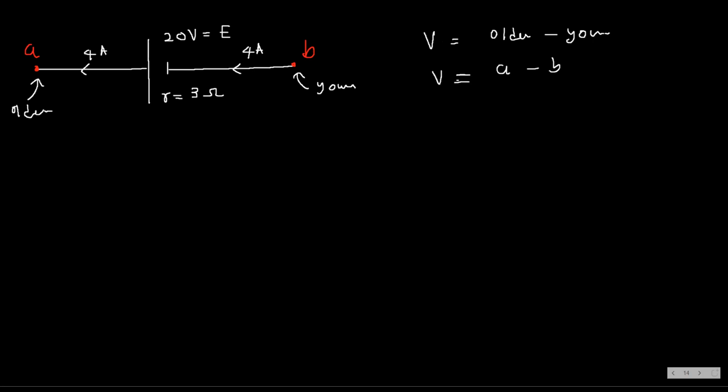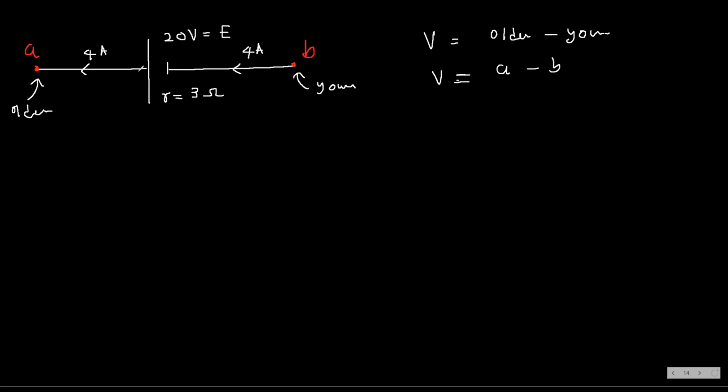Is it clear for you, others? There is a mistake in the question. Actually, I made a mistake when drawing it. The real question asks for the voltage across A and B when 4 amperes is passing away from the positive terminal, but I drew 4 amperes passing towards the positive terminal.